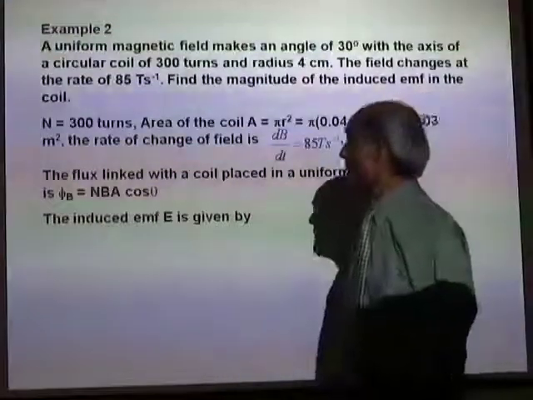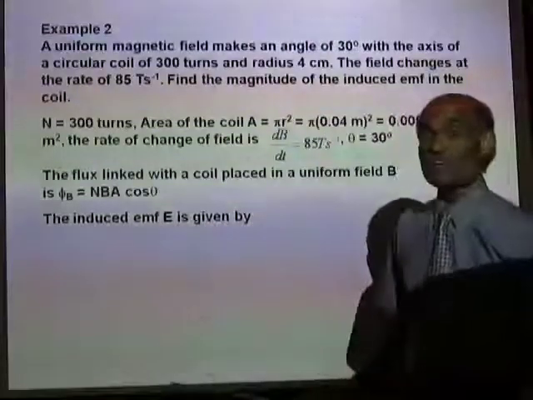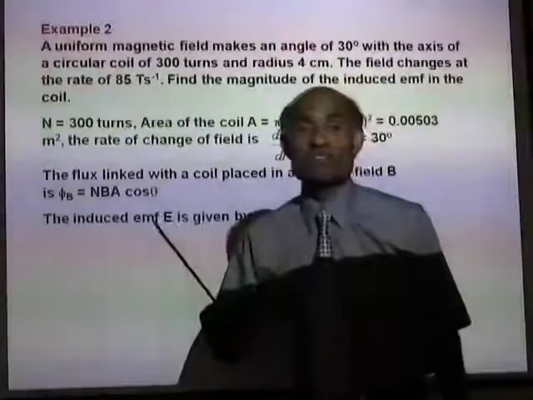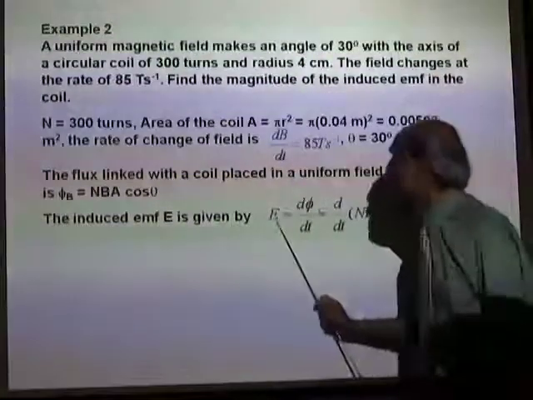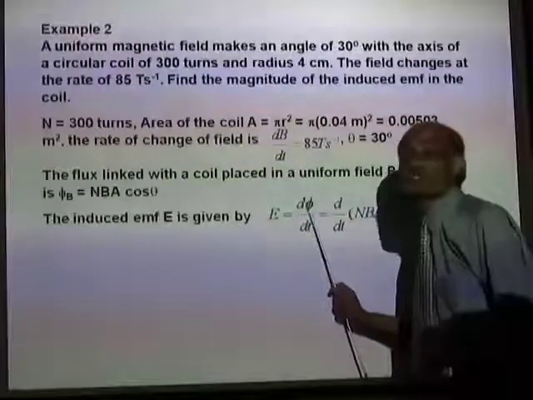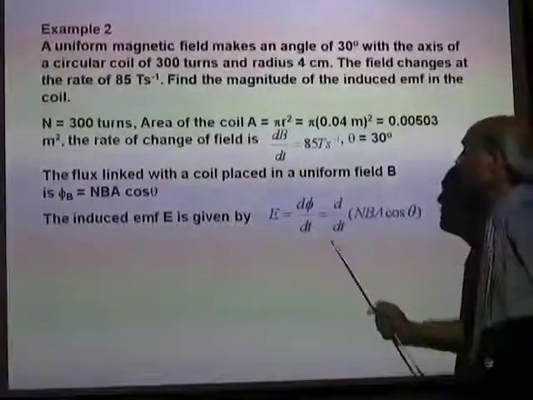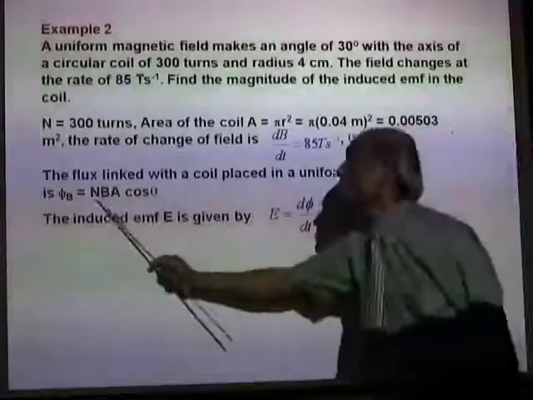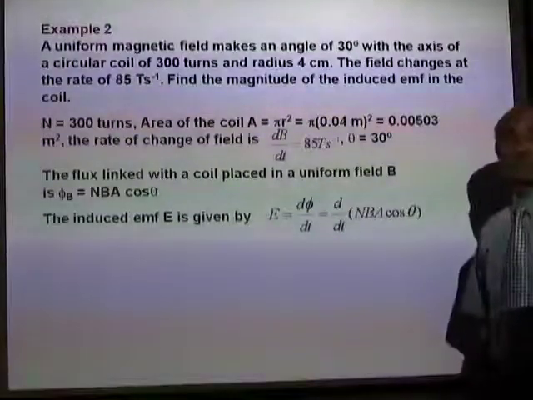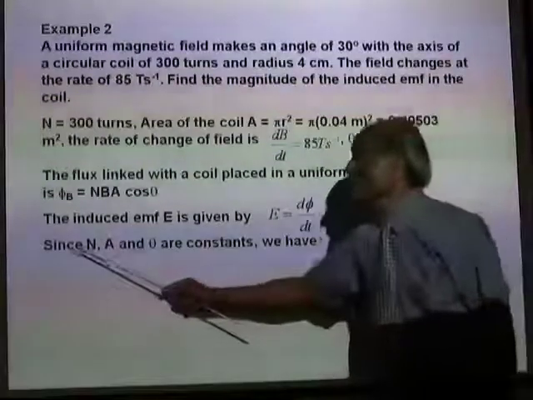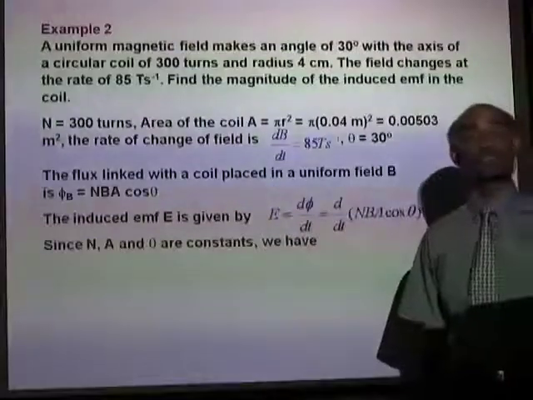So the induced EMF E is given by, what's the induced EMF? The magnitude. The direction we can leave it aside. The magnitude of the induced EMF is the rate of change of flux, d phi by dt, which is d by dt of this quantity, NBA cos theta. Well, here N, A and theta are constant.